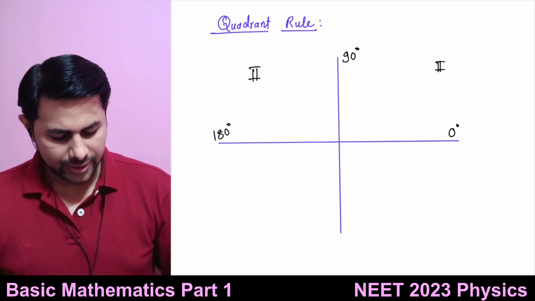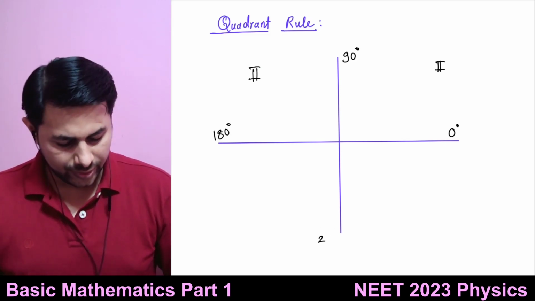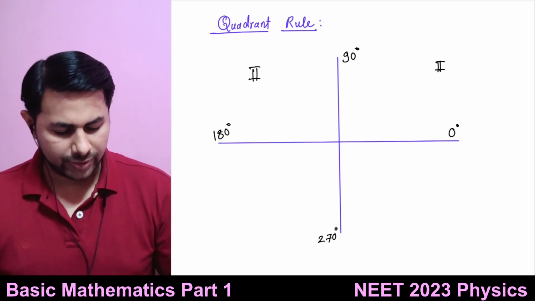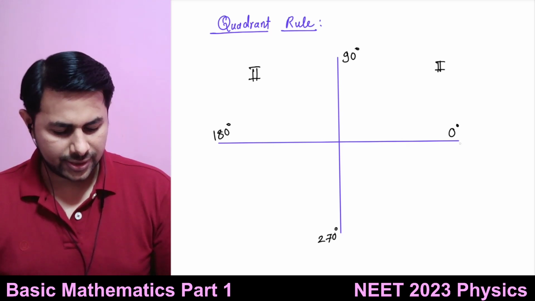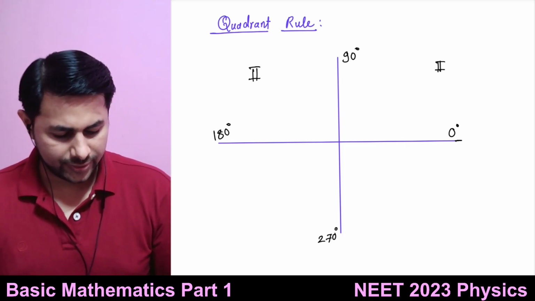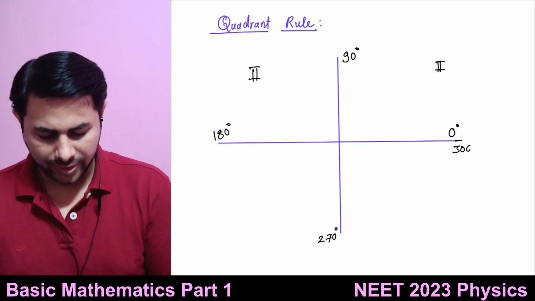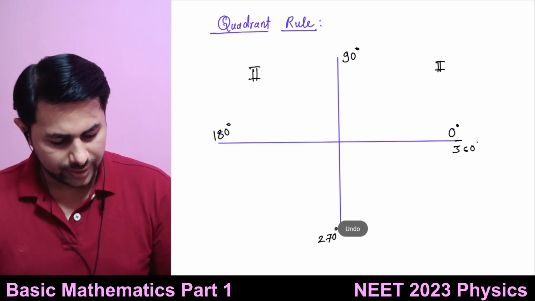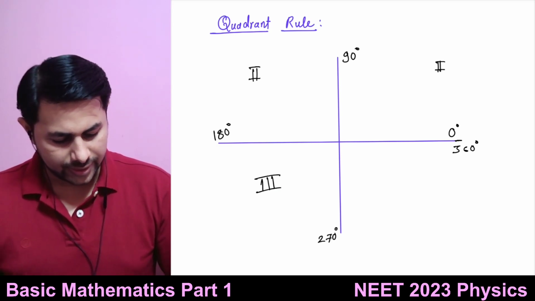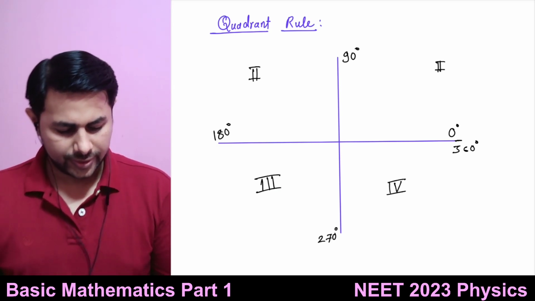The third quadrant is from 180 degrees to 270 degrees, and the fourth quadrant is from 270 degrees to 360 degrees. So 360 degrees will coincide with 0 degrees.